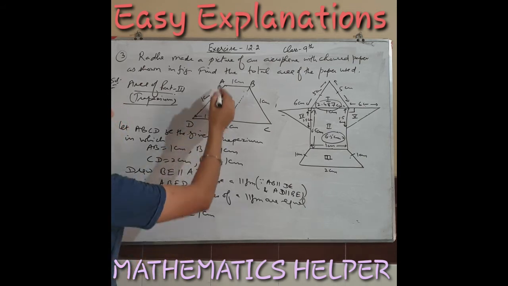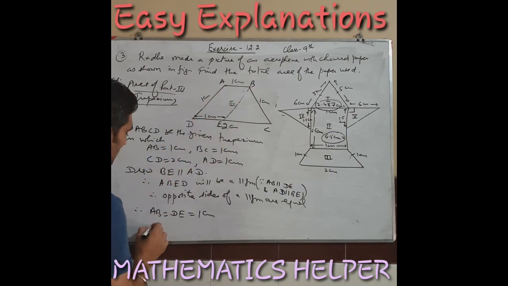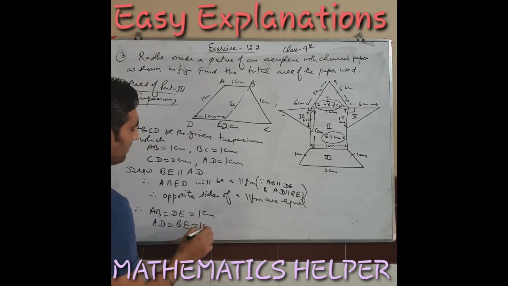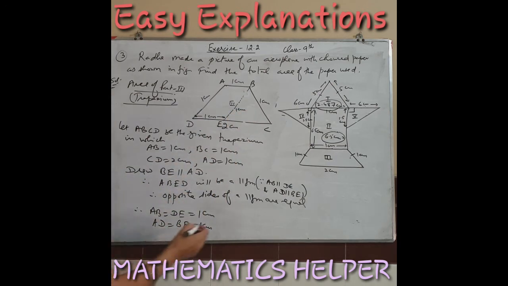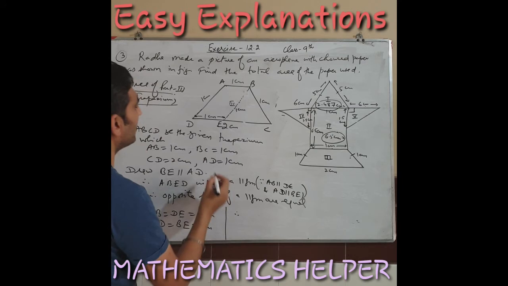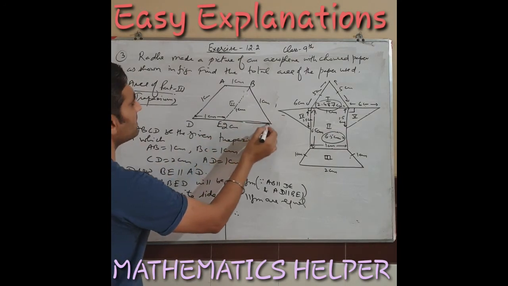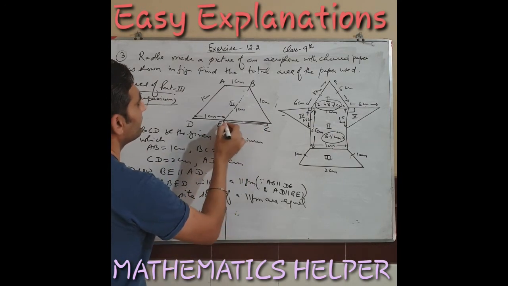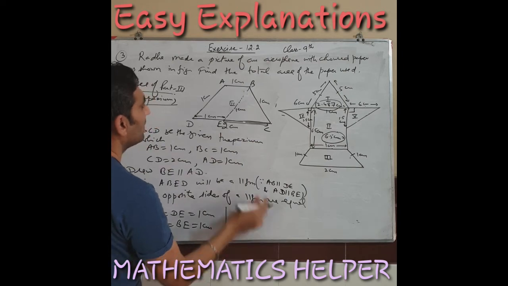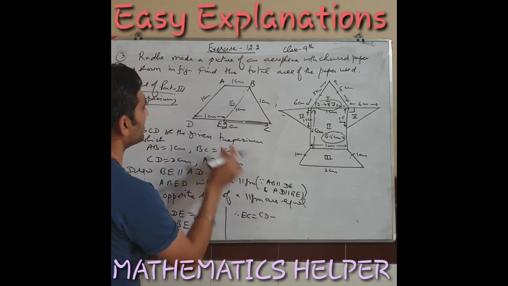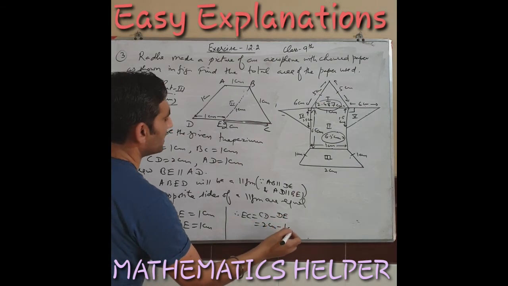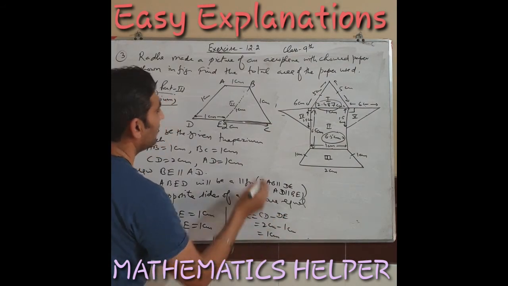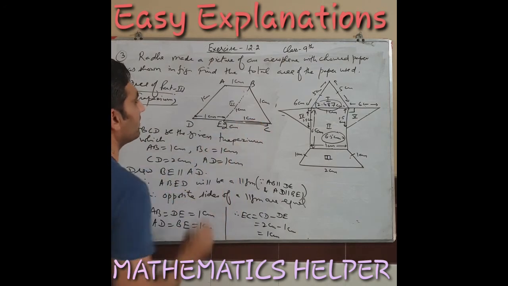And also AD equal to BE, they are also 1 centimeter each. What about this part, EC? EC will be the total length CD minus DE, or 2 centimeter minus 1 centimeter, which gives 1 centimeter.